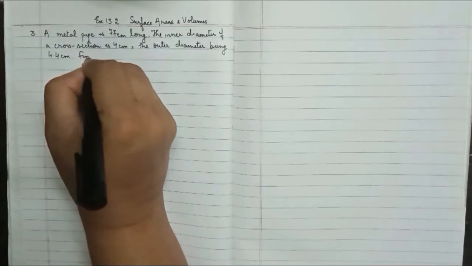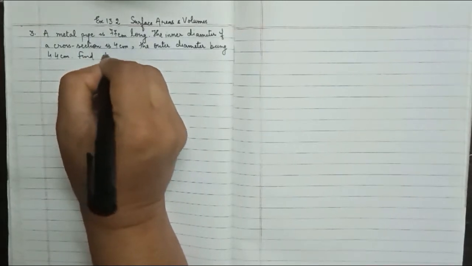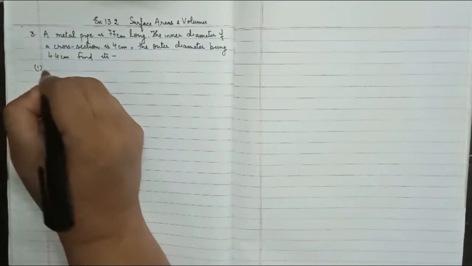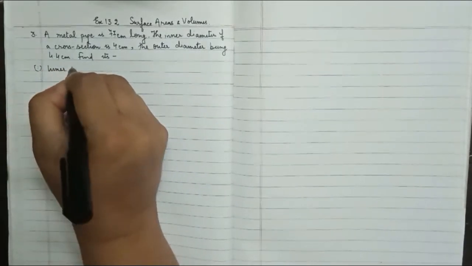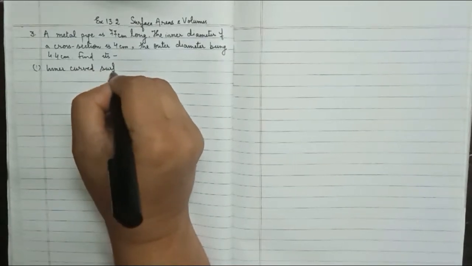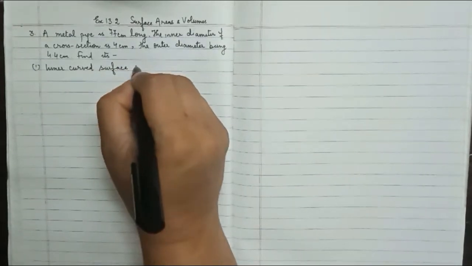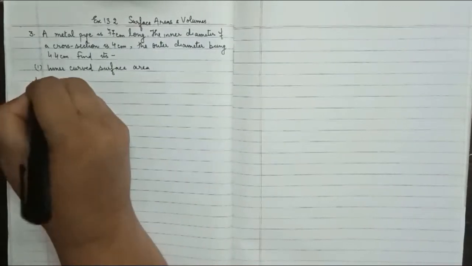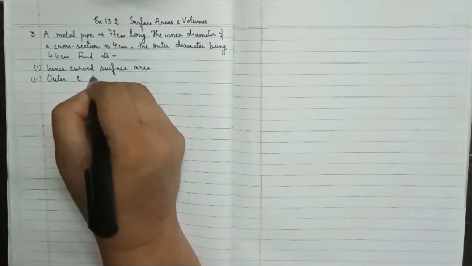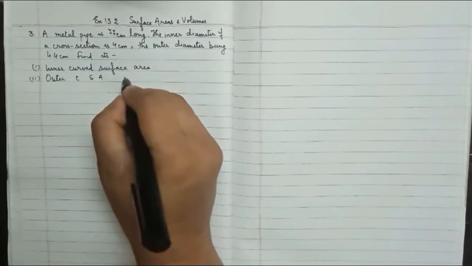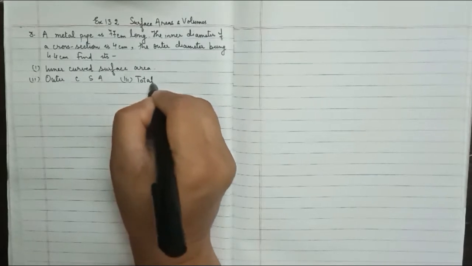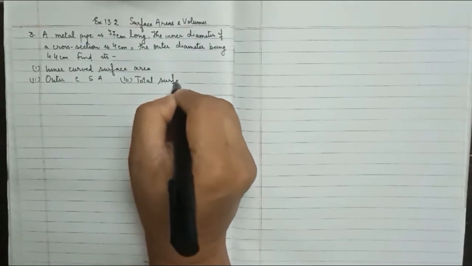Now we have to find its 1. inner curved surface area, 2. outer curved surface area, and 3. total surface area.